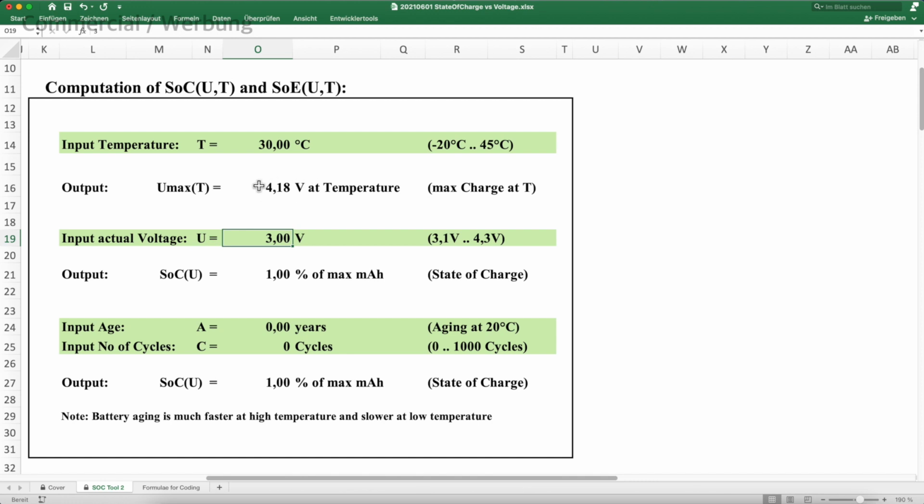The tool is giving us immediately the voltage for the maximum state of charge. We insert this for the actual voltage and voila, it says that the charge is about 100%.